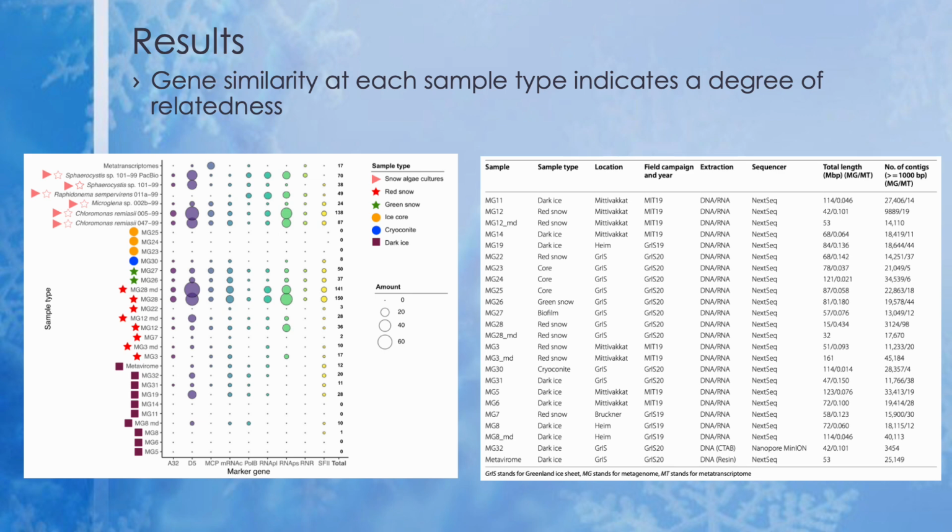Their RNA-C genes from dark ice samples MG32, MG31, MG19, and the metavirome were greater than 99.7% identical, suggesting a degree of relatedness with NCLDVs identified at each sample site.